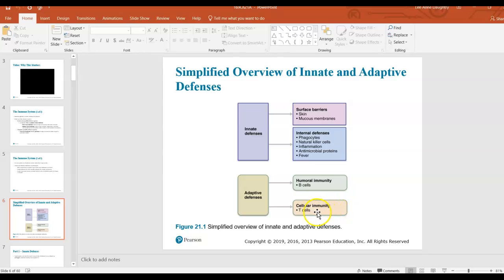And then T cells are involved in cellular immunity. They're going to destroy infected cells, or they're going to destroy pathogenic cells directly, like a cell that's infected with a virus, or a cancer cell, or a bacterial cell that has entered your body. The T cells are involved in that cellular immunity, whereas the B cells are involved in the humoral immunity. This is going to be where we talk about antibodies.